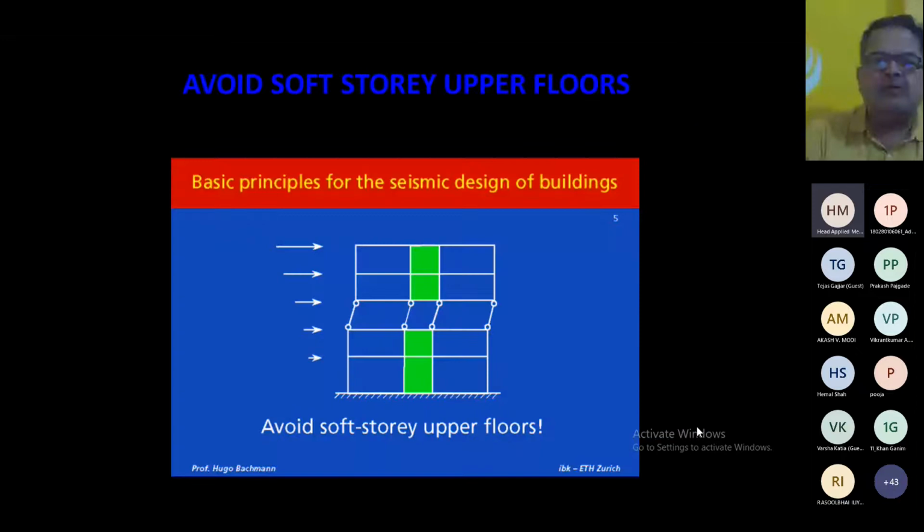This soft story may take place at any particular place, right? You have to relate this to masonry structures. These things are going to happen with masonry structures even, right? Sometimes we have a soft story at an upper story.